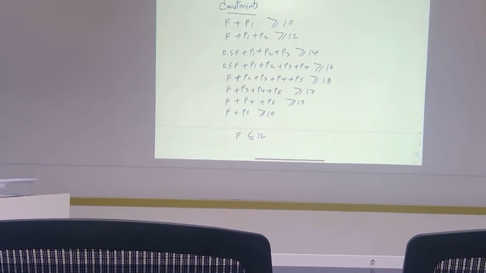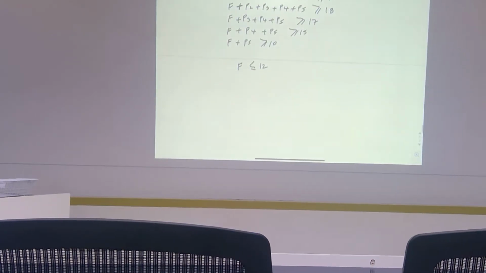So the total part-time hours working is actually each part-time teller working 4 hours, right? We have P1, P2, P3, P4, P5, right? Each of them working 4 hours. So this is the amount of part-time hours, and its maximum is just 50%. 50% is 0.5, right?